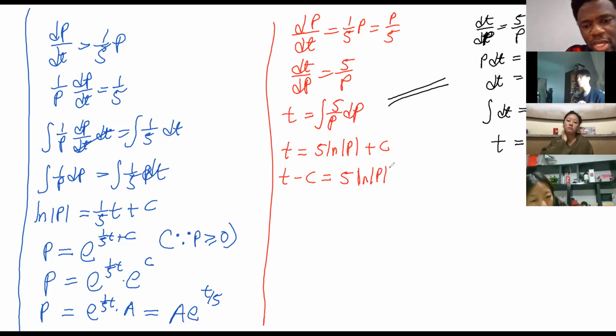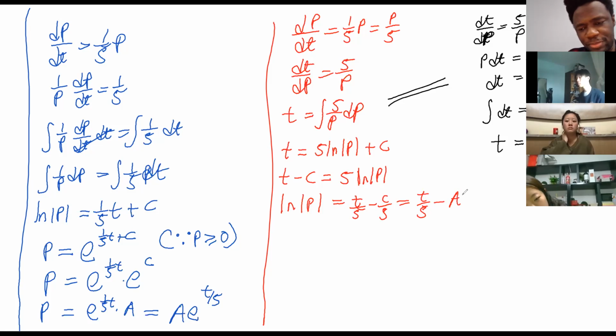So I'm going to rearrange the side. ln absolute value of p is equal to t over 5 minus c over 5, which can be changed to another variable. So I can call this c over 5 minus a, for example, or I call it k, another constant, not as in carrying. So the absolute value of p will be exponential of t over 5 minus k.